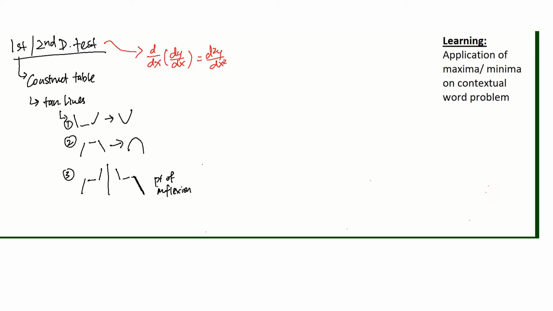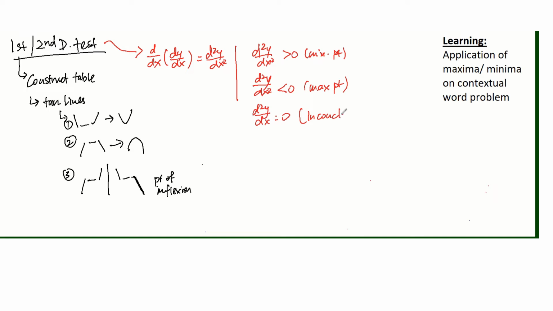And then you're supposed to sub in the specific x value, the stationary x value, to find the d2y/dx squared. And we know that if d2y/dx squared is greater than 0, it is a minimum point. If d2y/dx squared is less than 0, it is a maximum point. And of course, if d2y/dx squared equals 0, please take note it is inconclusive.